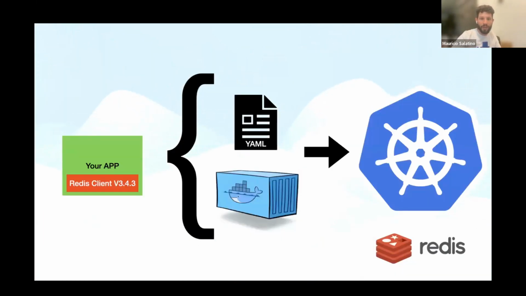So if we go back to the applications that we were showing before, interacting with Redis or Kafka, it doesn't matter which infrastructure they need. You will have your app written in your language. You will add some kind of dependency in there. Then you will need to containerize that application, write some YAML files, send that to Kubernetes, and Kubernetes will run that application for you. Then, including in those configurations, you will need to have a way to connect to a Redis instance.